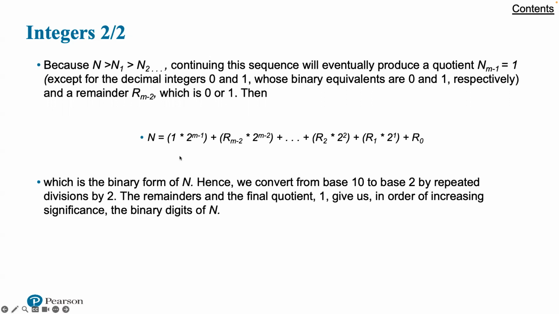So we can see how this equation would work, which gives the binary form of n. Hence, we convert from base 10 to base 2 by repeated division by 2. The remainders and the final quotient 1 give us, in order of increasing significance, the binary digits of n. Figure 10.1 shows two examples.